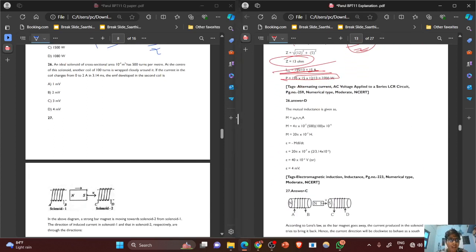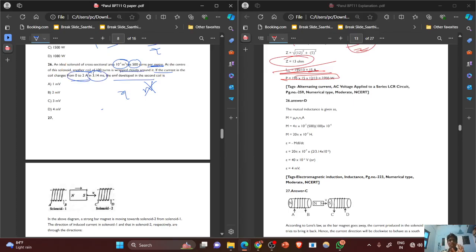Moving ahead, an isolated solenoid with cross-sectional area is given. Turns per meter is given, a small n is given. Don't confuse it with a capital N. At the center of the solenoid, another coil is wrapped around it. It's a concept of mutual inductance. If the current in the coil changes from this in this time, the EMF develops.